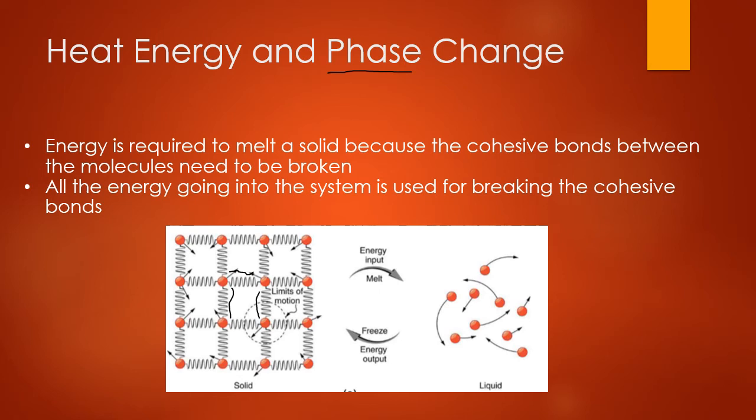So in order to change this solid into a liquid, energy is needed to break those cohesive bonds. So all the energy that's going into this system is being used to break these bonds, setting the molecules free, turning it into a liquid. So energy is needed to go from solid to liquid.